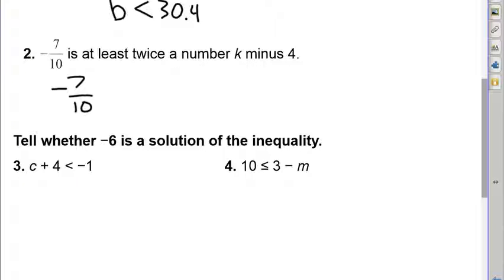So our symbol is greater than or equal to. And then finally, we have to interpret twice a number k minus 4. Twice a number means 2 times k, k will be our variable, and then minus 4. In today's lesson, our challenge is simply to write the inequality. We don't actually have to solve it at this point.